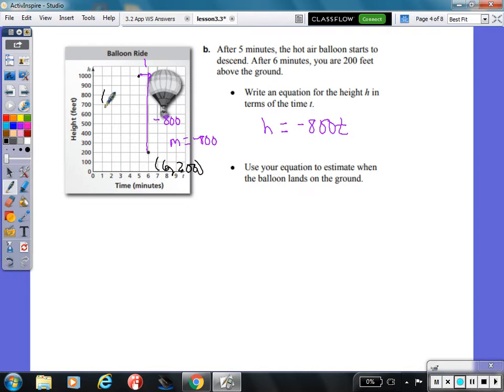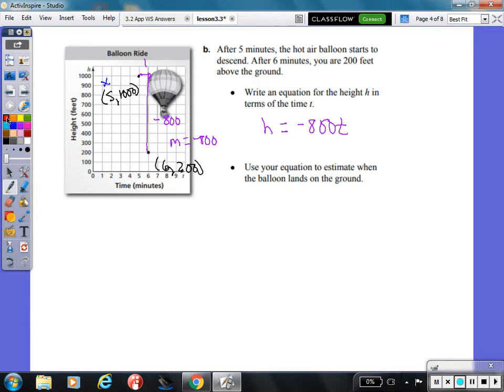Or you could use that other ordered pair, which was 5, 1,000. Either one. We have a slope, we have a point. Well, that's exactly what we did in our last section, was to use a slope and a point to find an equation. I'm going to use the 5, 1,000.